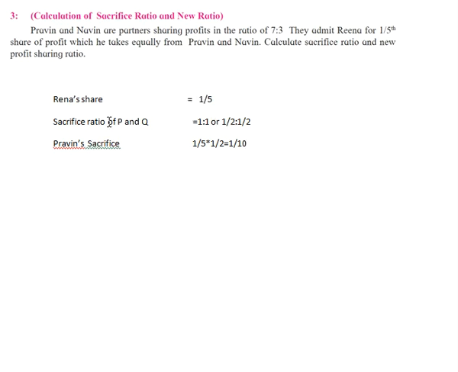The sacrifice ratio of P and Q is 1:1, which we can write as 1/2 is to 1/2. Praveen's sacrifice is 1/5 into 1/2, so he will get 1/10 as his sacrifice ratio.